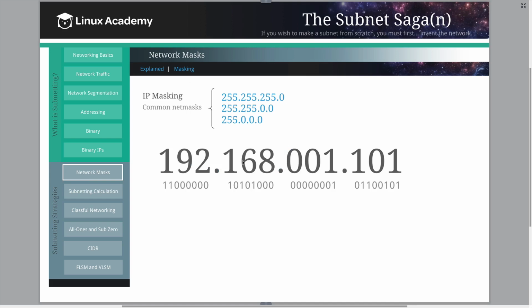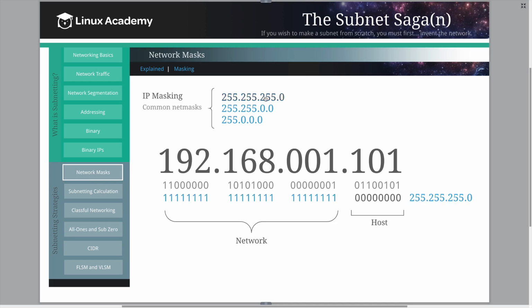Here we have 192.168.1.101, and here we have the binary representation of that. This should be familiar by now. And up here we have some common net masks. Let's look at that first one again, the 255.255.255.0. What that looks like is all ones for the first three octets. That's 255. And then zeros for the last octet. That represents the host's portion.